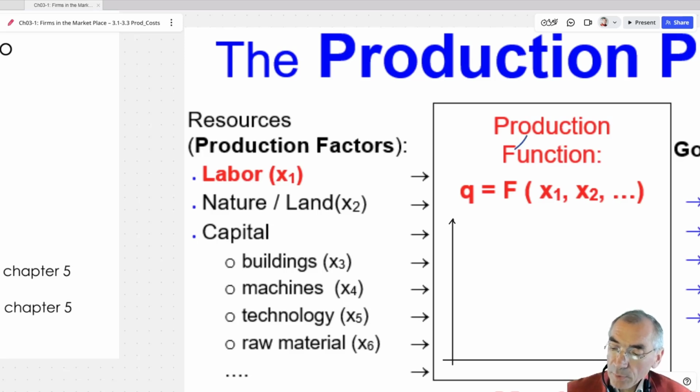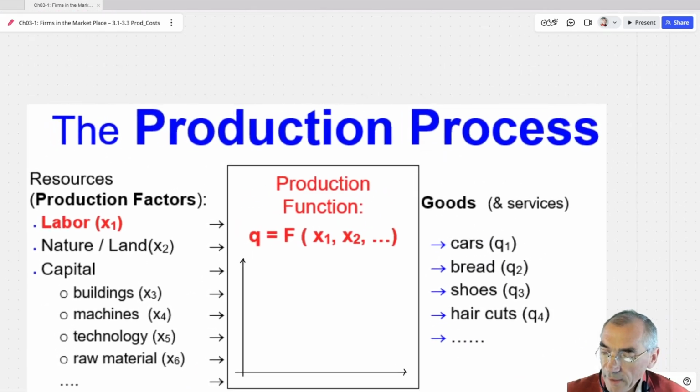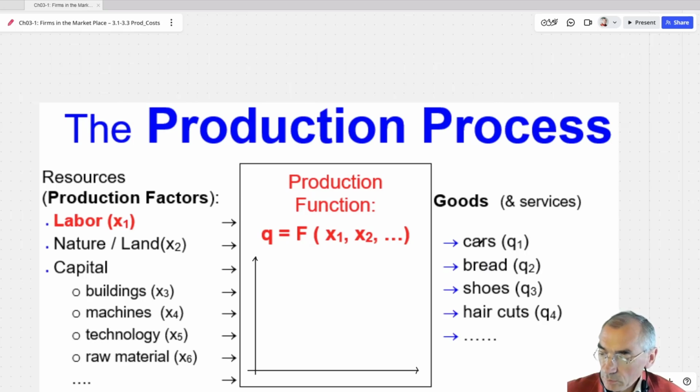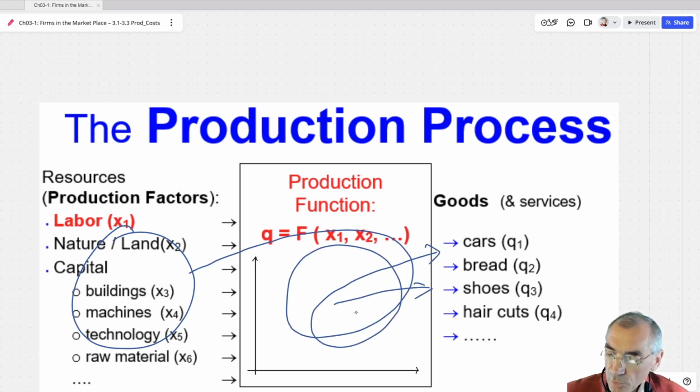And these production factors in the production process are converted to goods and services, which can be cars, bread, shoes, haircuts, milk, holidays, education, and so on. So at the end, all these production factors are transferred. You see the arrows here, they all go in there. There's something happening to them, and then they are transformed to the different goods that we want.